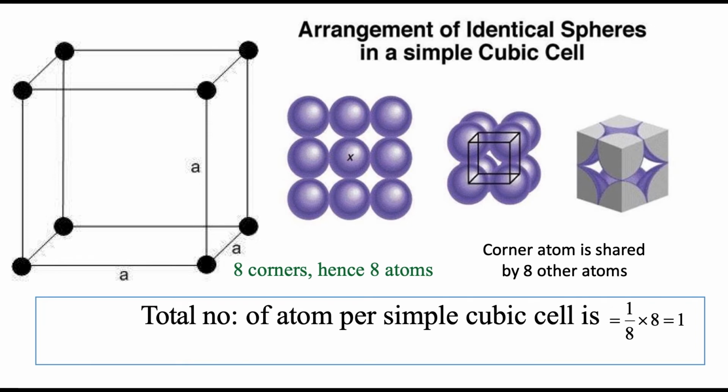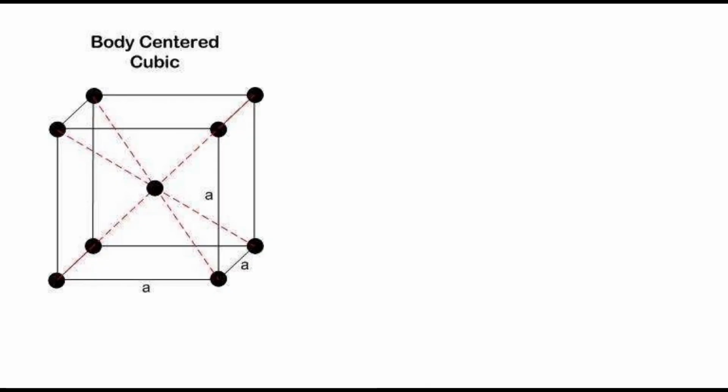Since there are 8 such corner atoms in a unit cell, the number of atoms per simple cubic cell is 1/8 into 8 equals 1. In a body-centered unit cell, atoms are present at the corners. We have seen that the total contribution from the 8 corner atoms to the unit cell is 1/8 multiplied by 8, that is 1. In addition to this, there is an atom at the center of the unit cell, and this atom is not shared by any other unit cell.